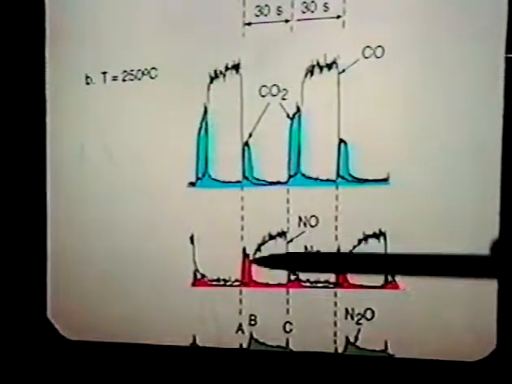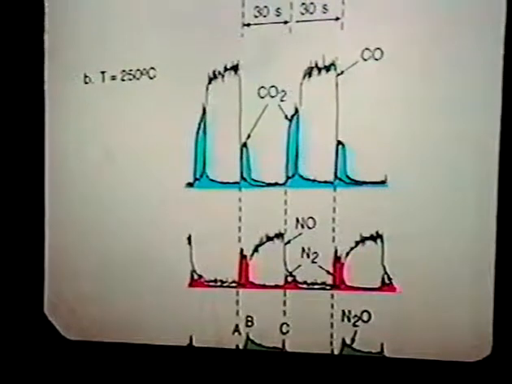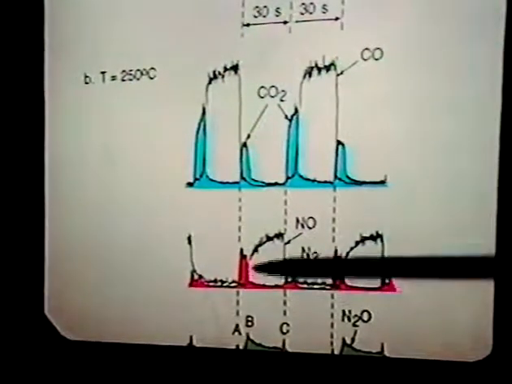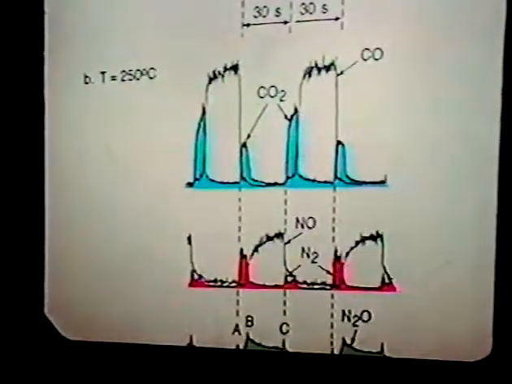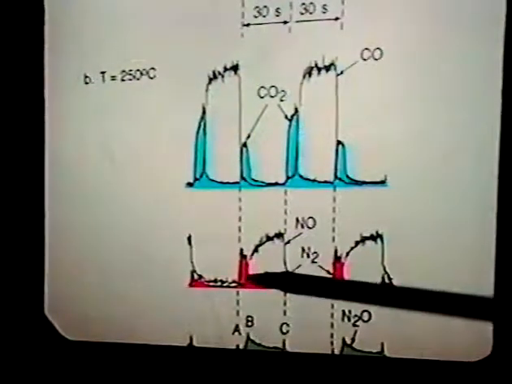At about this time, the catalyst starts to lose its activity to decompose nitric oxide due to the accumulation of oxygen produced from the nitric oxide. Then unconverted nitric oxide starts to appear.